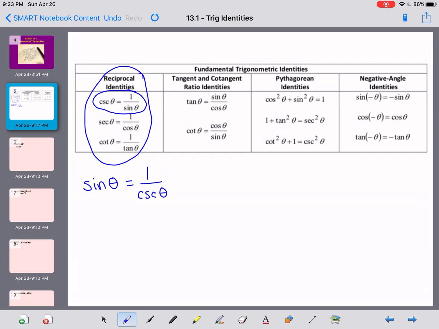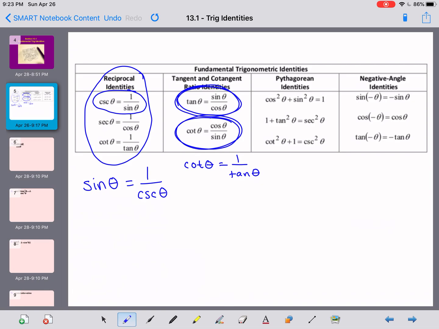Your tangent and cotangent ratio identities, this one you knew from when we did our unit circle, and cotangent of theta is 1 over tangent of theta, but we can also just think of it as cosine over sine. So these are all just facts that you should know that are going to be helpful in our proofs.